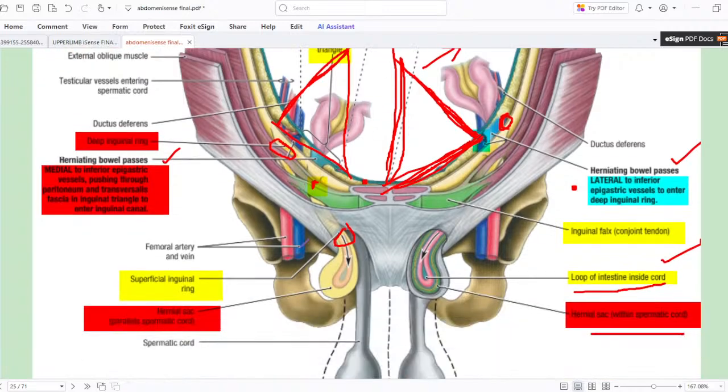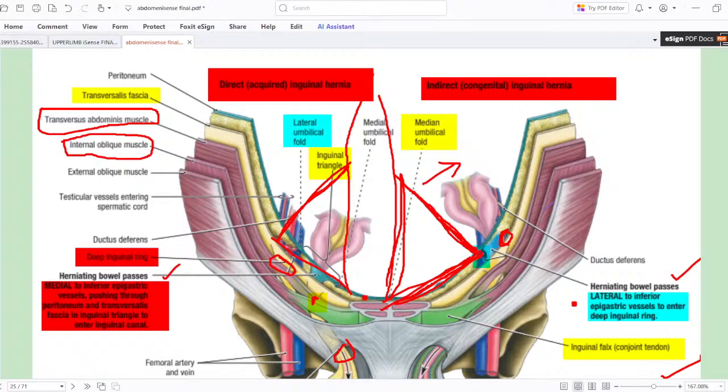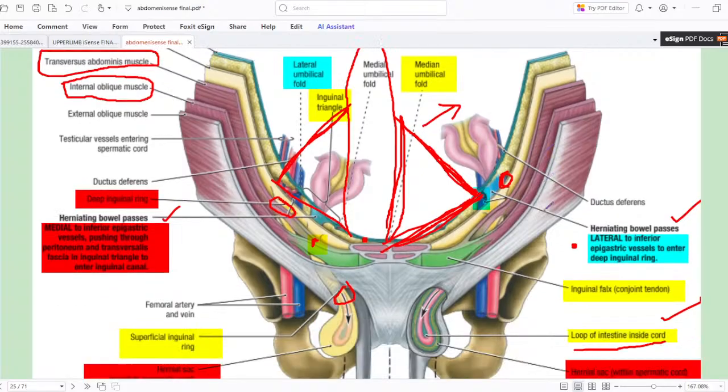Again, very nice picture. They explained about direct and indirect already. This is Hasselbalch triangle. We have seen the boundaries: lateral margin of rectus abdominis, inguinal ligament, and inferior epigastric vessels.